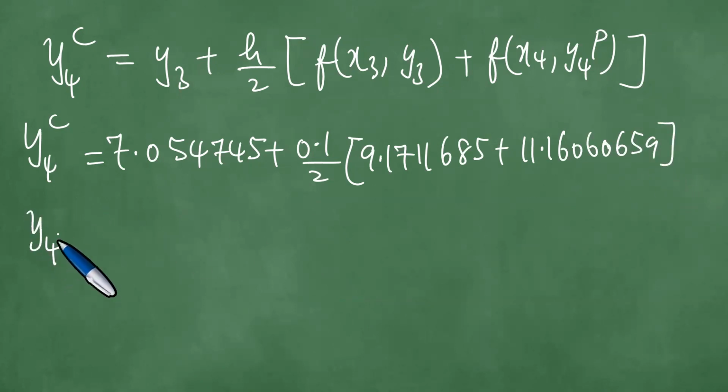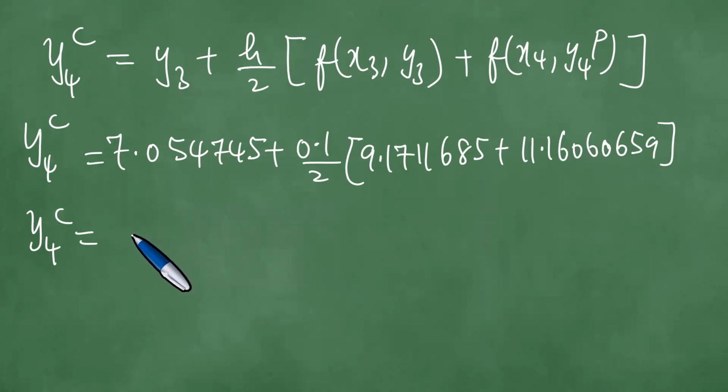So which means you have y4c equals 7.054745 plus 0.1 divided by 2 into 9.1711685 plus 11.16060659, and then you compute.